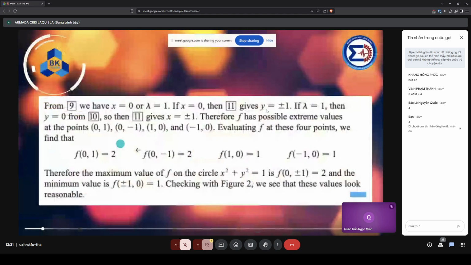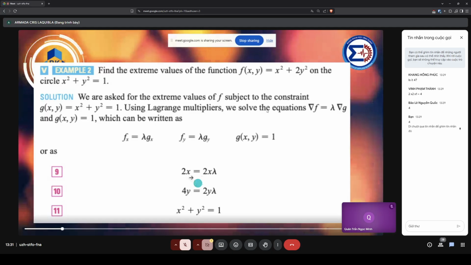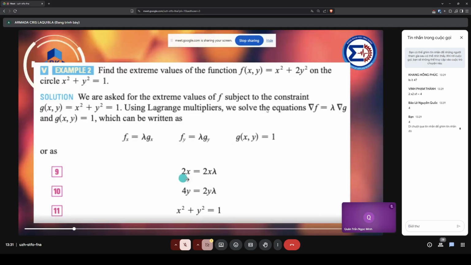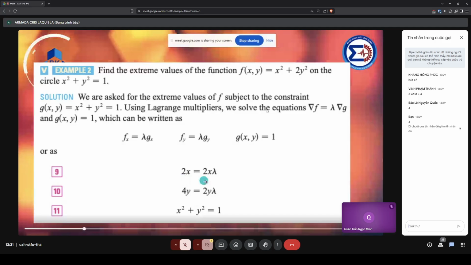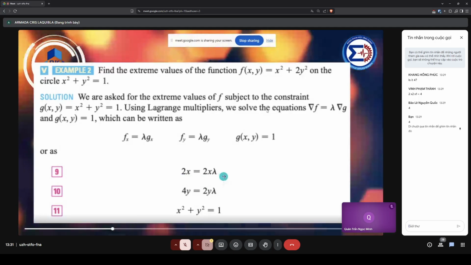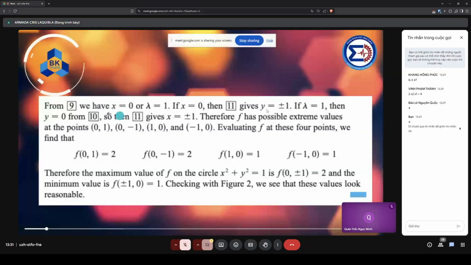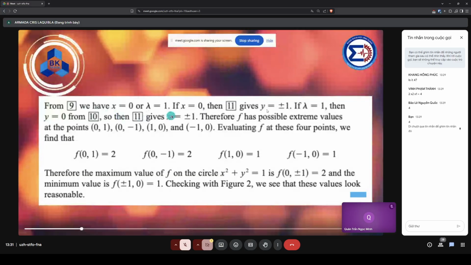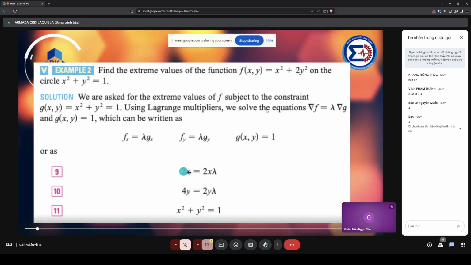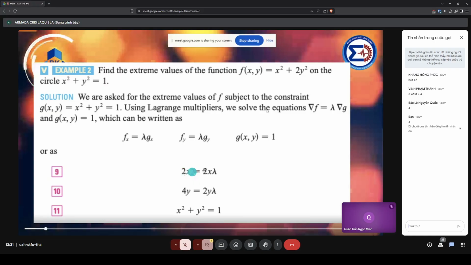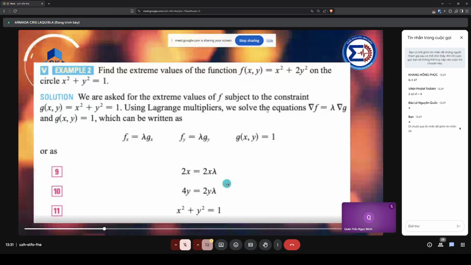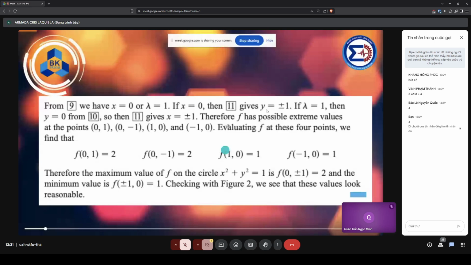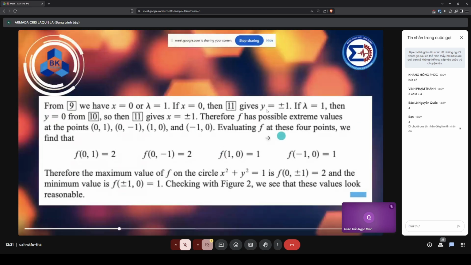Okay, from equation 9, either x here is 0 or lambda is 1. Correct? We have there x is 0 or lambda is 1. Why? If your x, class, here is 0, what's the value of your y? If x is 0, then equation 11 gives you what?